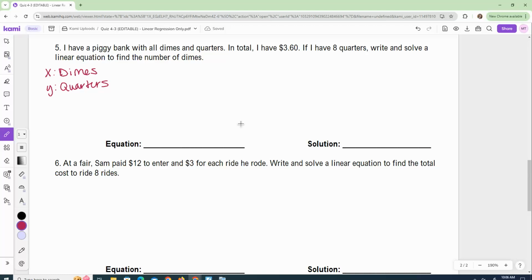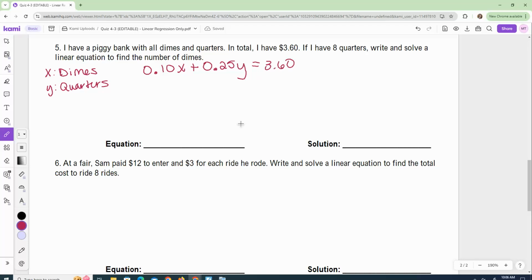We've done several of these money type questions. So if I were to give you a hint, I might tell you there might be one like this on your test tomorrow. How much is a dime worth? 10 cents. So 0.10 times the number of dimes plus what quarters are worth, so 0.25 times my number of quarters, which is y, equals how much money? 3.60.